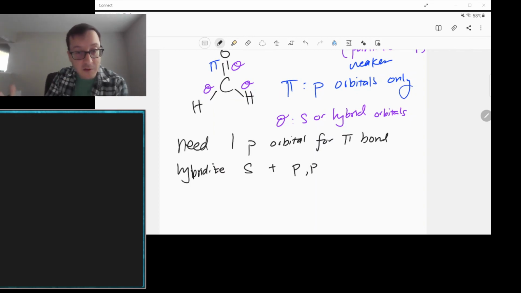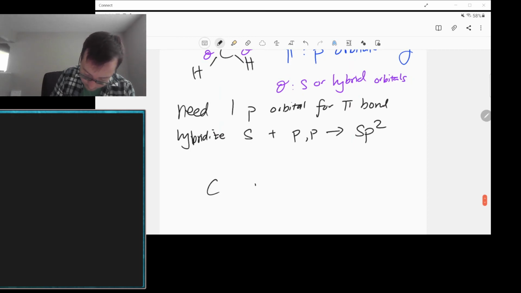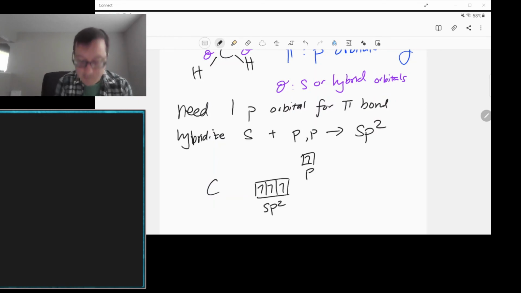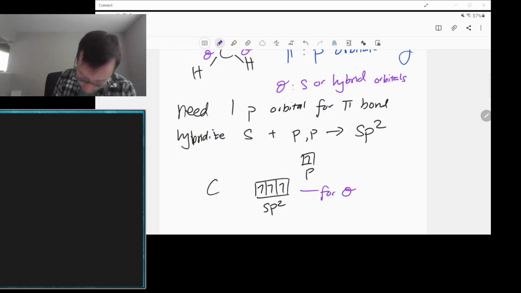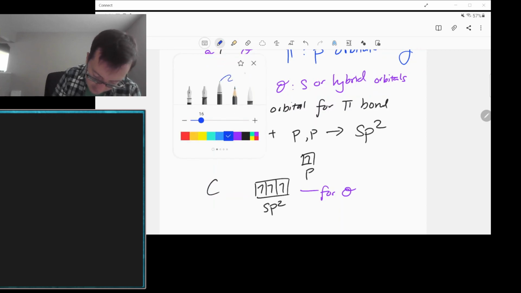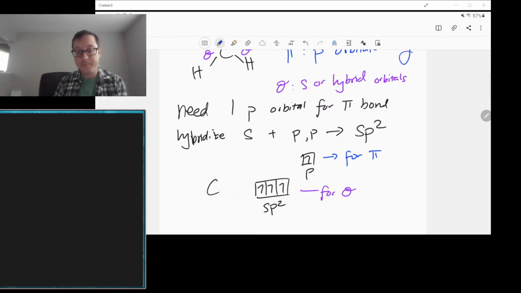Remember, we have 3 p orbitals normally. And we're going to make sp2 orbitals. We're going to make 3 of those. So really this carbon will have 3 electrons in sp2 orbitals and 1 electron in a p orbital. These ones are going to make the sigma bonds. And the p orbital there is going to be for the pi bond.